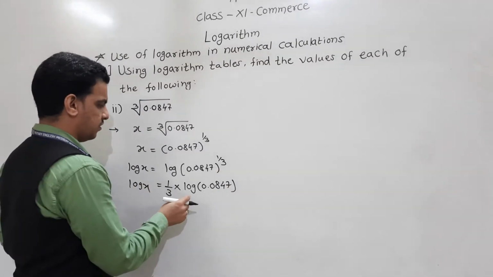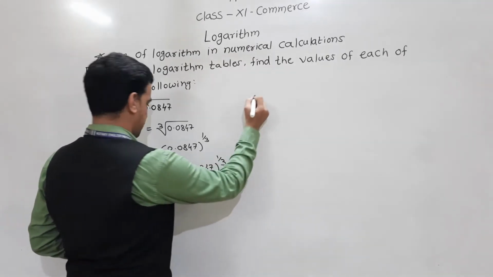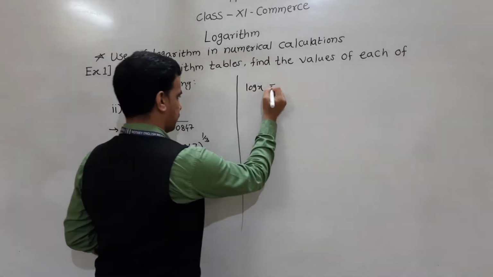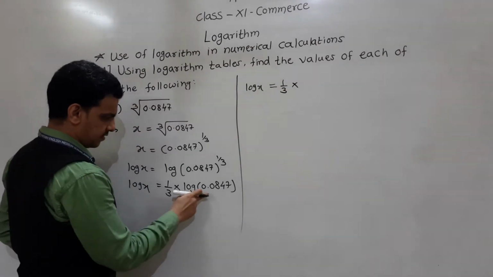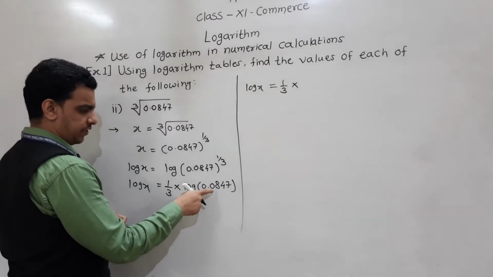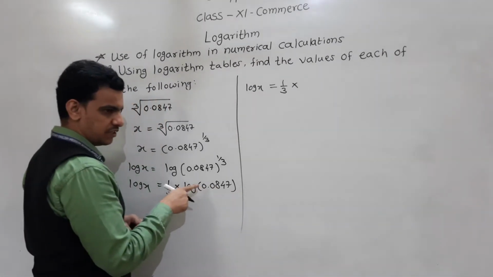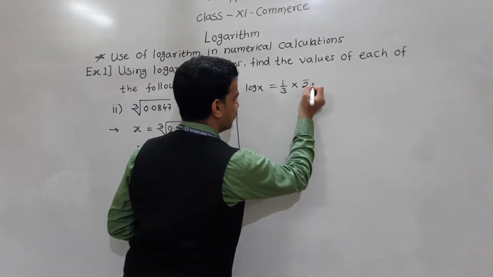Now we have to find the value of log of 0.0847. So log x is equal to 1 by 3 into, here the characteristic is -2, because between the decimal point and the first non-zero digit there is 1 zero, so add 1 and give a minus sign, so -2 point.